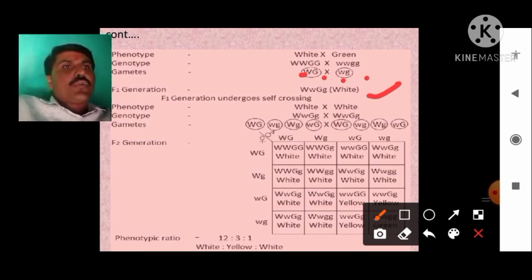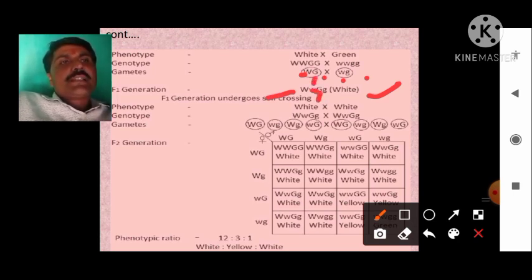Though the plant shows the white color in the summer squash, what was the genotype of that F1 generation? Look at this. There were 4 alleles in the F1 generation plant: capital W, small w, capital G and small g.